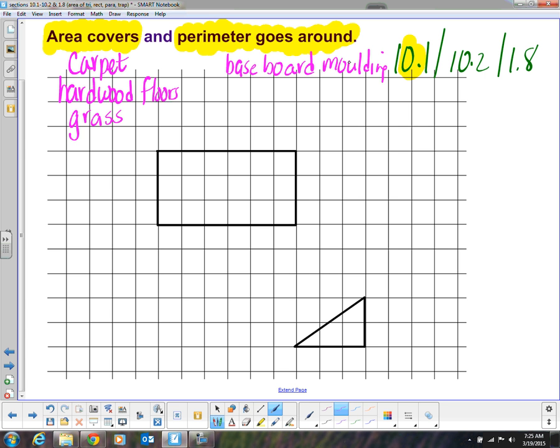That's baseboard molding. In your house, it's most likely wood, but you've got that around every room. That's what finishes off the wall and the flooring, so you don't see the rough edge. If you do fence around your yard, if you do decorative bricks around a garden, that's perimeter.